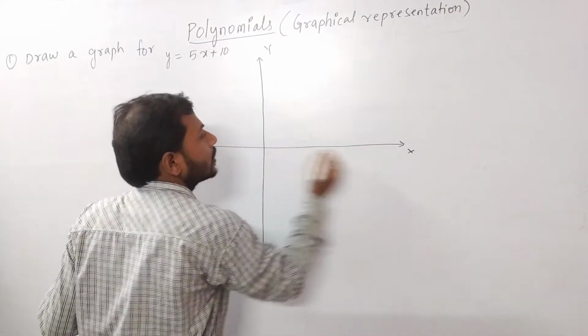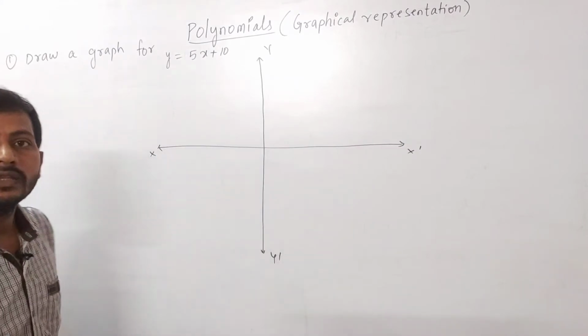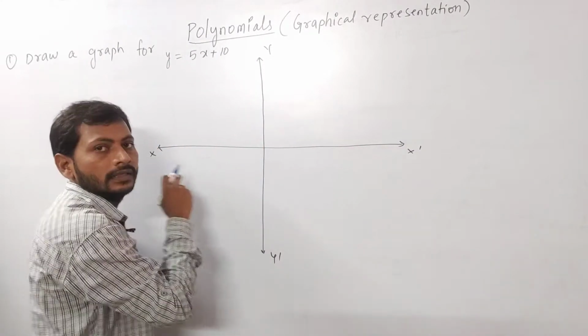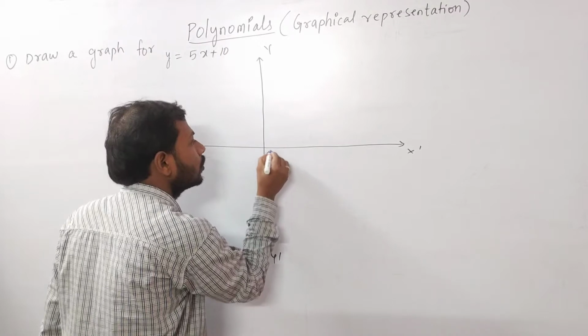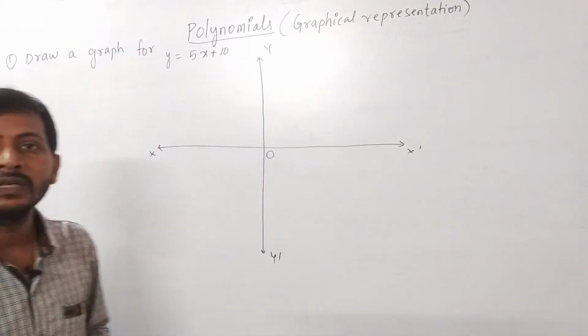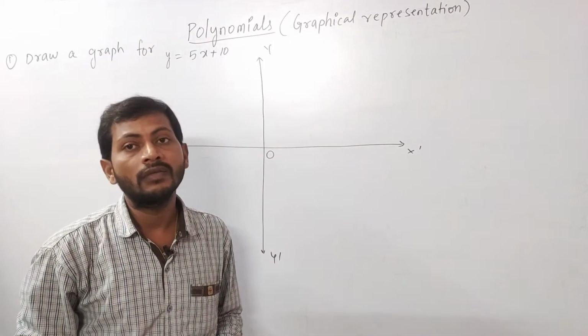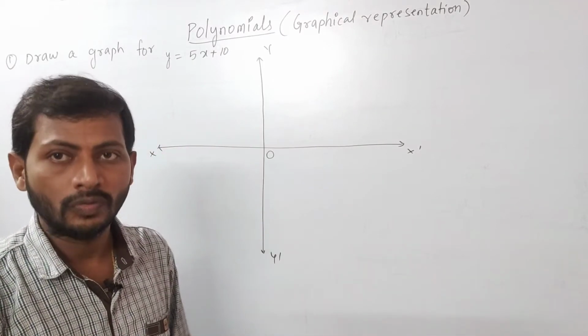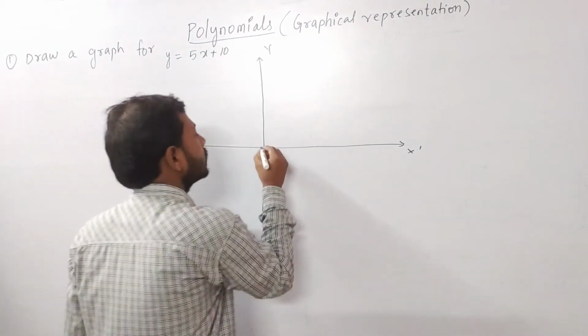Where these two axes intersect, that location is the origin, otherwise called (0, 0).